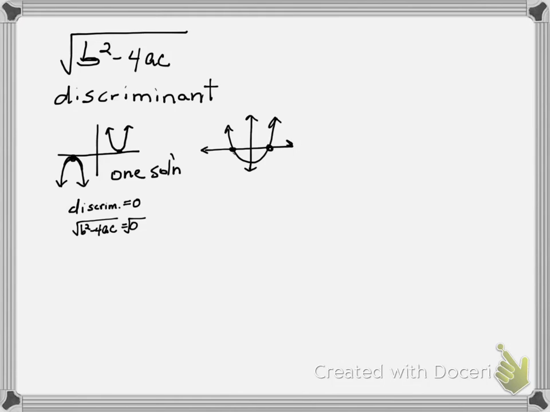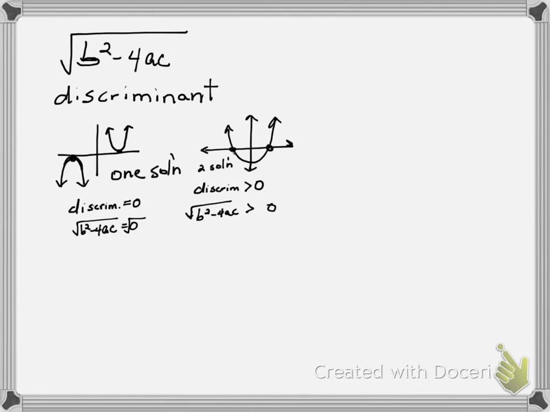So this is two solutions, and your discriminant is greater than 0. It's going to have a positive number. So under here, where you have your b squared minus 4ac, is going to be something greater than 0, some number.